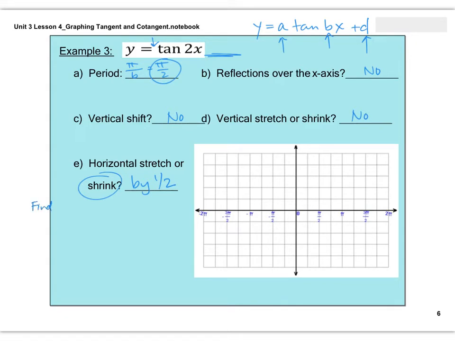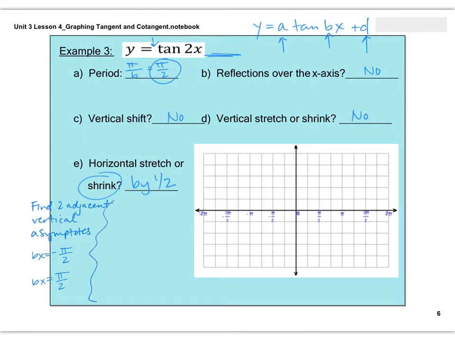To find 2 adjacent, meaning right next to each other, vertical asymptotes. Recall that normally one of your vertical asymptotes goes at negative pi over 2, and your next one for tangent goes at positive pi over 2. This is where they normally are for tangent.